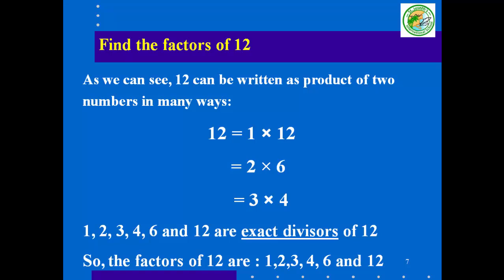After 3, 4. 4 times 3, and 4 times 3 is the same as 3 times 4. So we will stop here and you will not complete. So the answer for the factors, connecting them in the shape of the letter U, will be 1, 2, 3, 4, 6, 12. They are the factors of number 12.